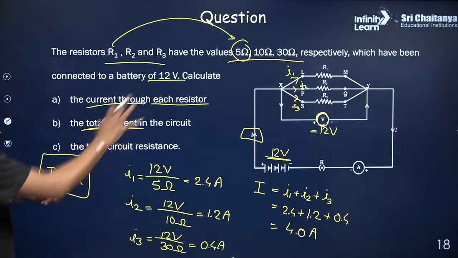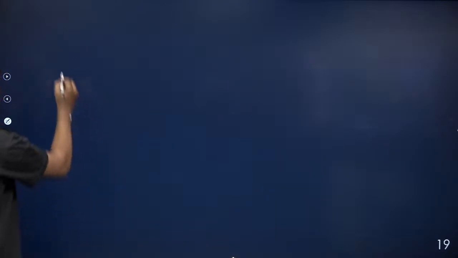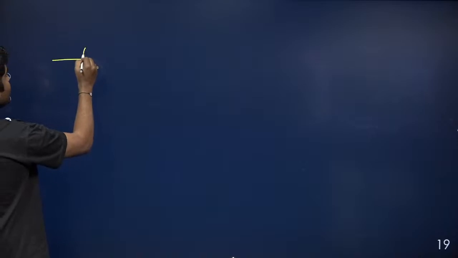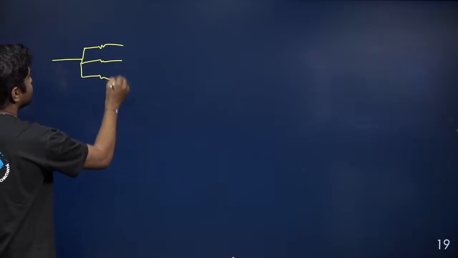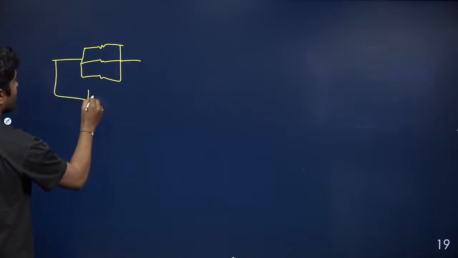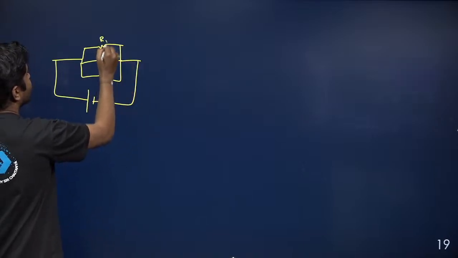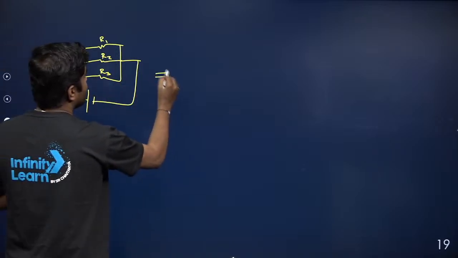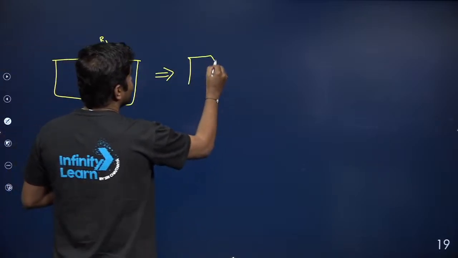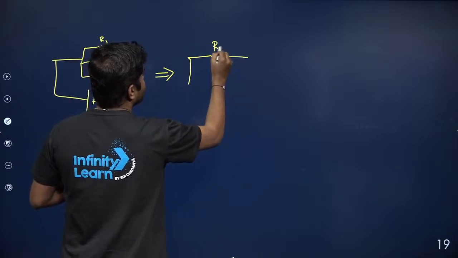Correct? So now I'll redraw this diagram. Instead of these three resistances R1, R2 and R3 connected across the 12 volt battery, we'll draw the equivalent diagram. So this is RP, correct?